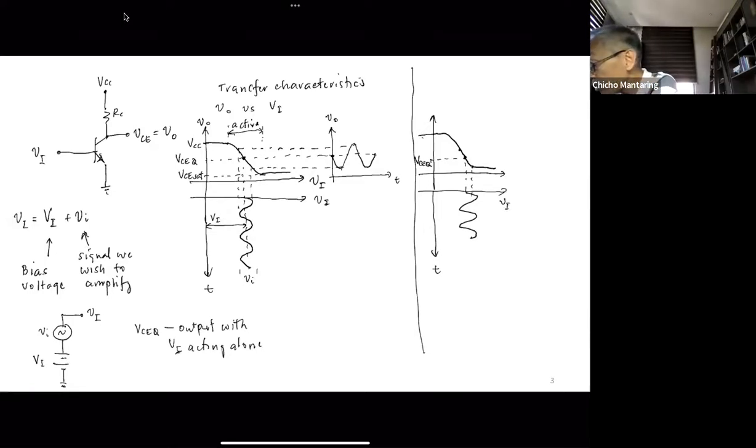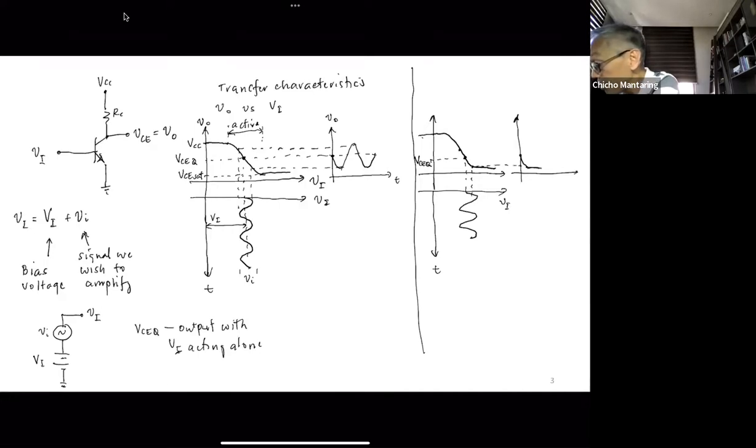So if I take a look at my output, at this point my output will be saturated. So I start here. As my input is increasing, this will decrease. However, at some point it will saturate and this will stay at VCE sat.